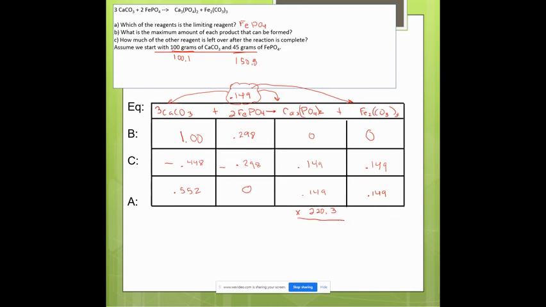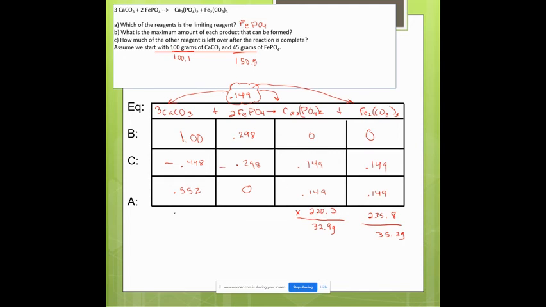And that's going to mean that we are going to produce 32.9 grams of calcium phosphate, and our molar mass for iron 3 carbonate is 235.8. So that means that we are going to produce 35.2 grams of our iron 3 carbonate.